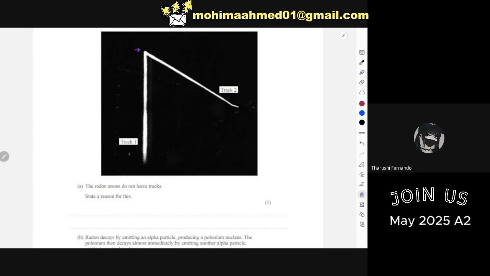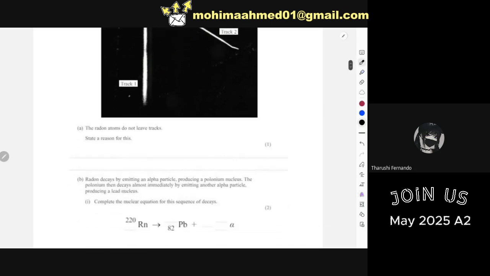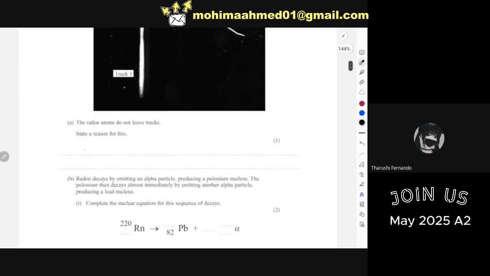So why does the radon not have any trace on the photographic film? That's because radon was an uncharged, neutral atom, and a neutral atom cannot ionize the surface of your photographic film. Only charged particles can do that. So only alpha 1 and alpha 2 leave traces, and radon will not leave any track on this photographic film. So the final answer for 1 mark is that the radon nucleus was neutral or uncharged. Okay.